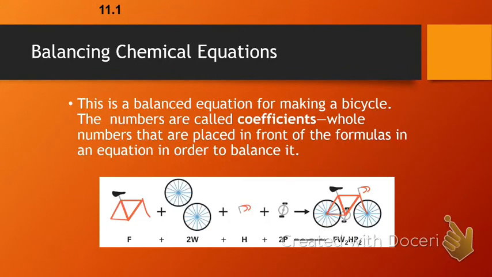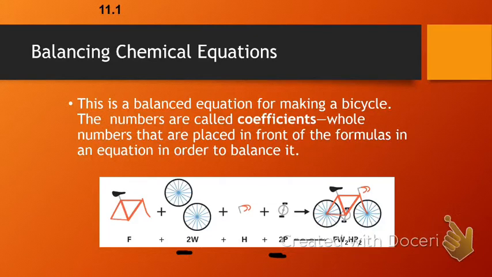Okay, so if we imagine making a bicycle as a chemical reaction, we would need one frame, two wheels, one set of handlebars, and two pedals to make that bike. Okay, the coefficients are in front of our formula for our reactants.